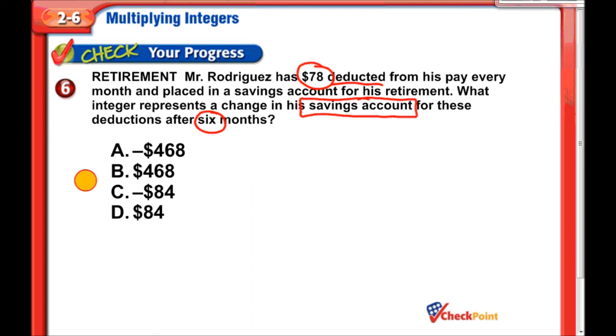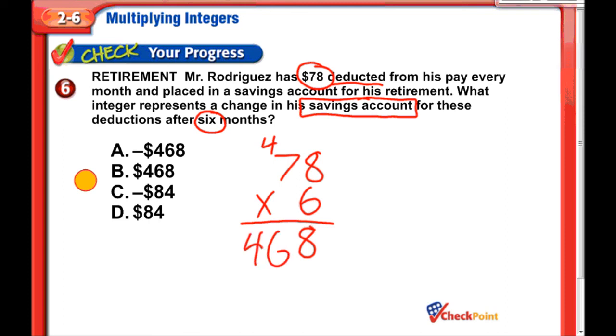So it looks like we have $78 going into his savings account 6 times over 6 months. So we have 8 times 6 is 48. 6 times 7 is 42. Plus 4 is 46. There we go, 468.